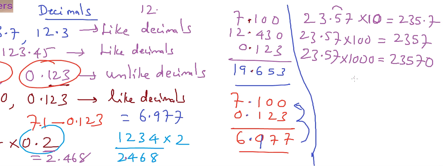Similarly, division is also easy. Division by 10, 100, 1000 is easy. So 123.4 divided by 10, then shift 1 decimal place to the left, and it becomes 12.34.